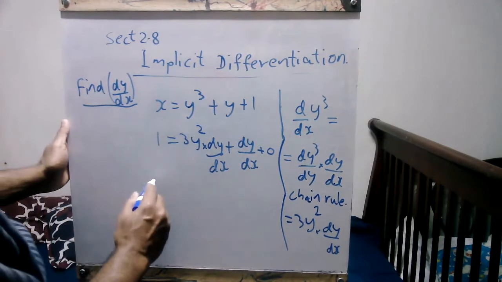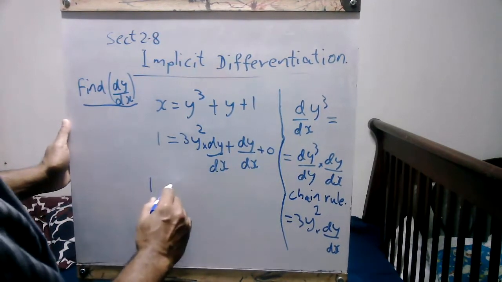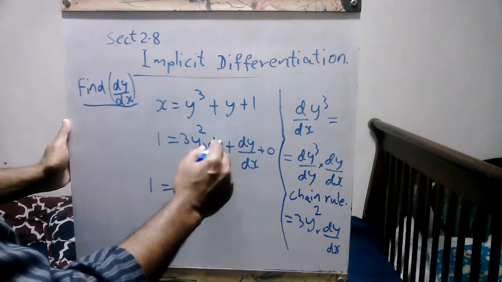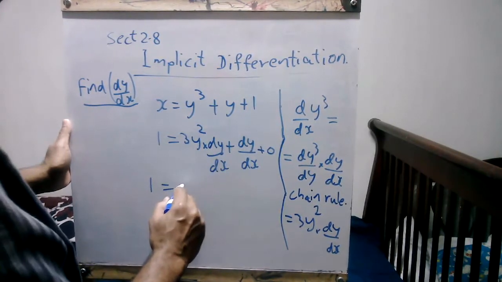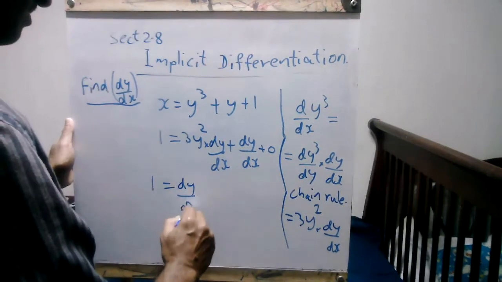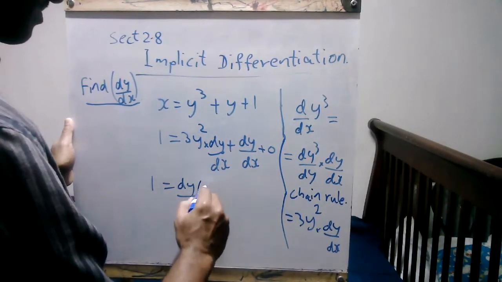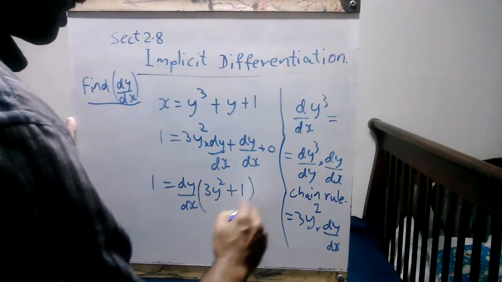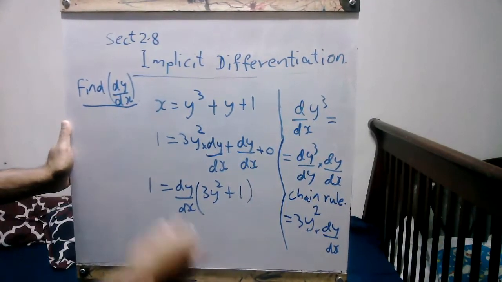So keep this 1, take dy/dx as a common factor, (3y square plus 1).